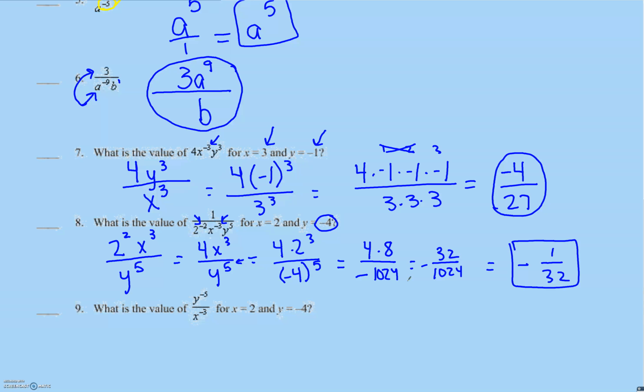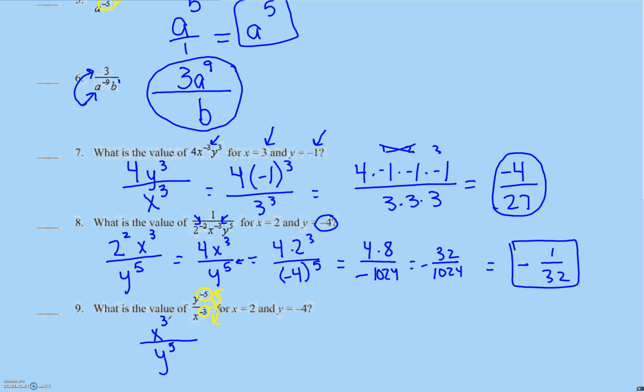Number 9. What is the value of y to the negative 5th power over x to the negative 3rd power? To simplify this here, negative exponents, we move to the opposite part of our fraction. So, in my y's, I'm going to move to the denominator to make my exponent positive. My x's, I move to the numerator and make them positive.